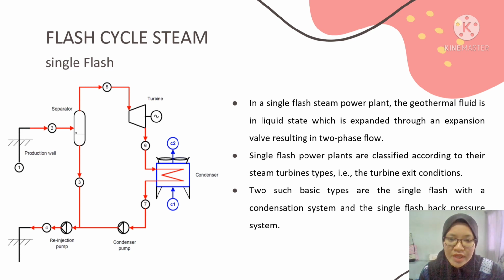Single flash power plants are classified according to their steam turbine exit condition. There are two basic types of single flash: with condensation system and single flash back pressure system.